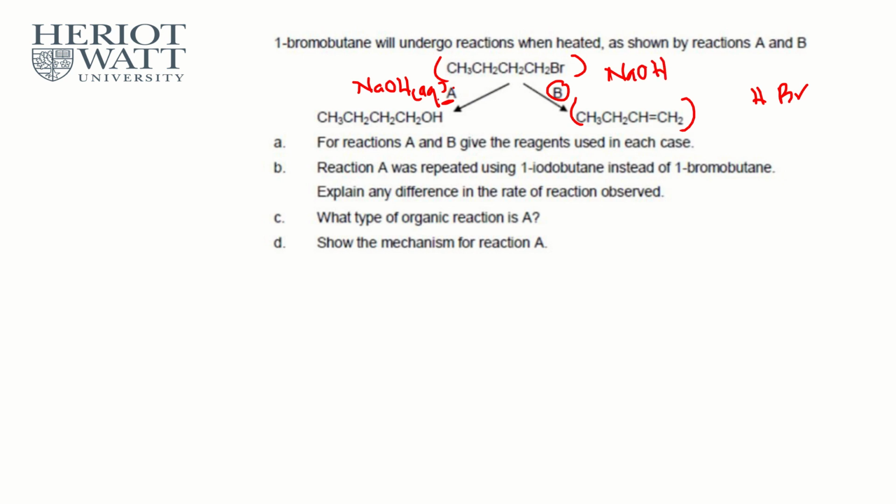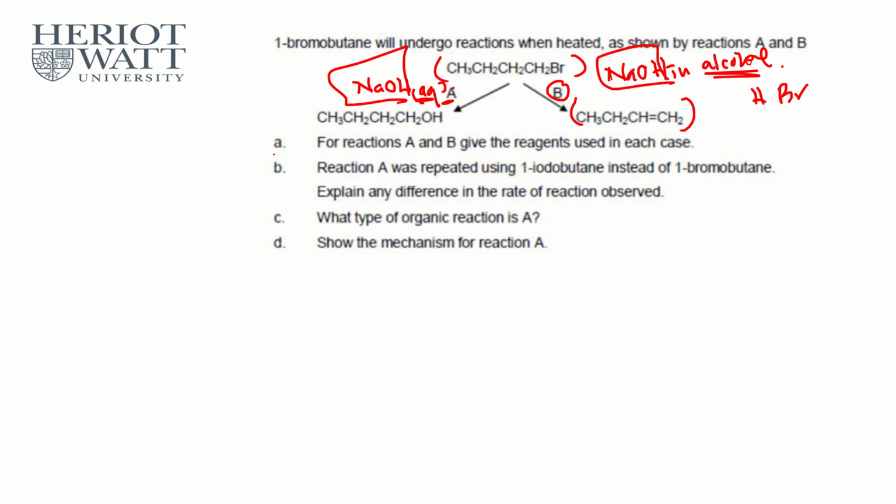But the condition is not aqueous, but in alcohol or ethanol, alcoholic NaOH. That's the main difference here. Like I explained just now, you use the same reagent, but if you put it into aqueous, you will go for nucleophilic substitution. If you put it into alcohol or ethanol, they will go for elimination. So that's A and B. Both NaOH, one aqueous, one alcoholic.